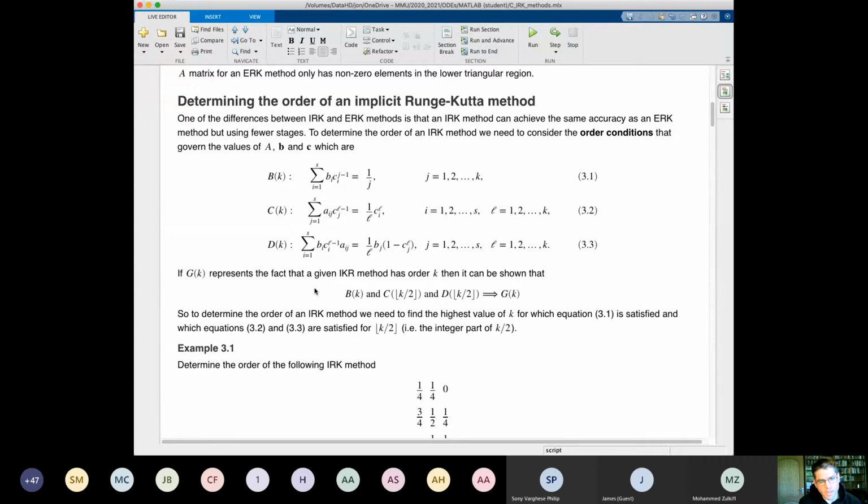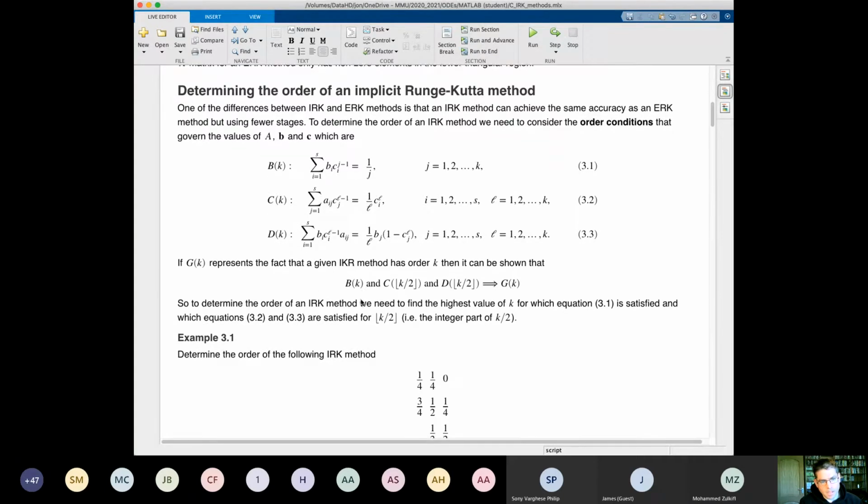to determine that. The way it's done is you take your first order condition, which is the B condition, and you loop through j, so increasing values of j, and you check whether for your Runge-Kutta method the left-hand side equals the right-hand side. The highest value of j, which I've called K here, is the maximal order of your method.